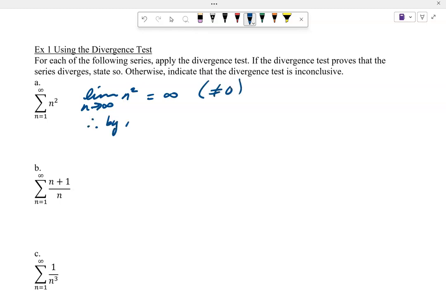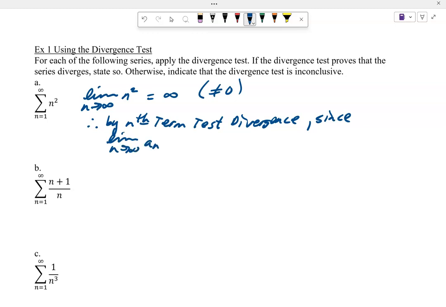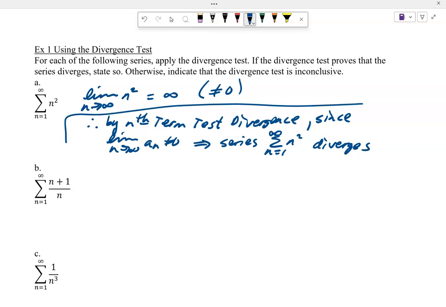Therefore, by the nth term test of divergence, since the limit as n goes to infinity of this is not 0, then the series that we're given diverges. So it diverges. Again, the limit's not 0.